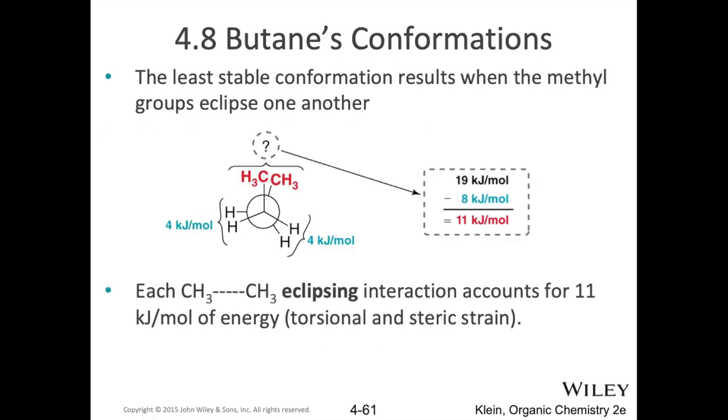And just like with our methyl group and hydrogen, you can calculate the value of this torsional strain by doing a quick calculation and subtracting what we know. We know this hydrogen-hydrogen interaction is about 4 kilojoules per mole. If we subtract those interactions from the total energy difference, we can figure out where the strain for just that methyl group interaction comes from.